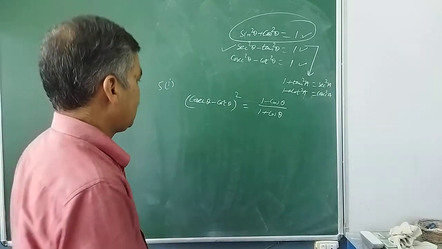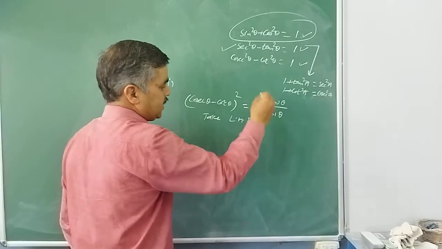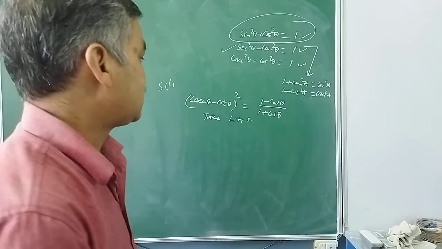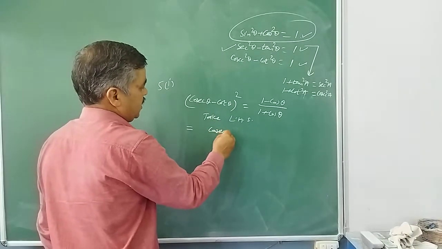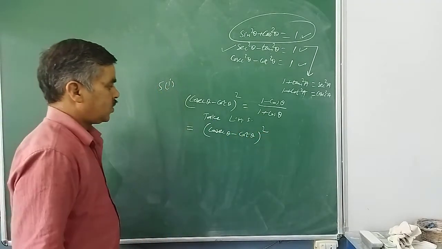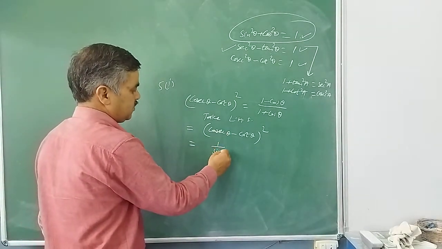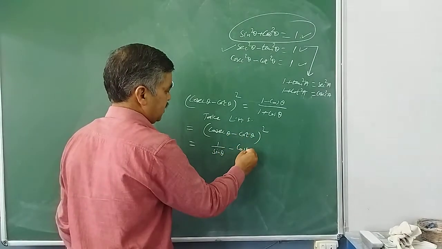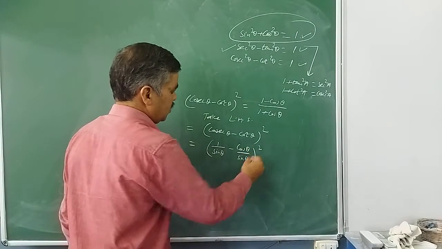So here if I take the left hand side, I will write in my answer: take left hand side. As I said, if I start with the left hand side, I will be reaching the right hand side. So the left hand side is equal to cosec theta minus cot theta whole square. Here cosec I can express in terms of sine, and cot in terms of cos upon sine, whole square.